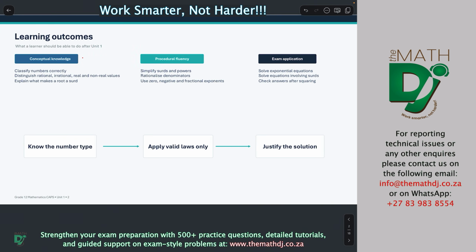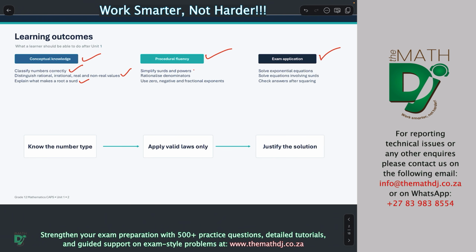So let's go to the next one, the learning outcomes. We're going to do conceptual knowledge, procedural fluency, and examination application. Under conceptual knowledge, you're going to classify numbers correctly, distinguish rational, irrational, real and non-real numbers. Then we're going to explain what makes a root a surd, as I just gave you a preliminary overview.